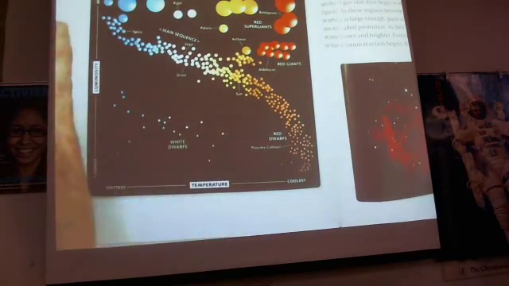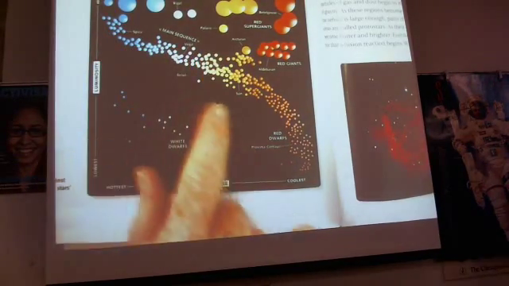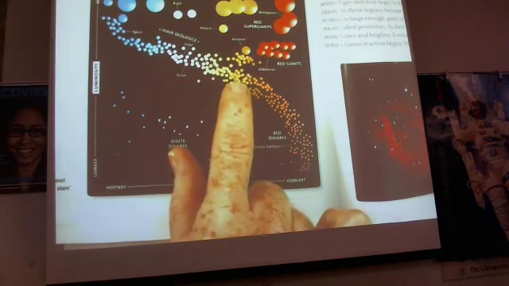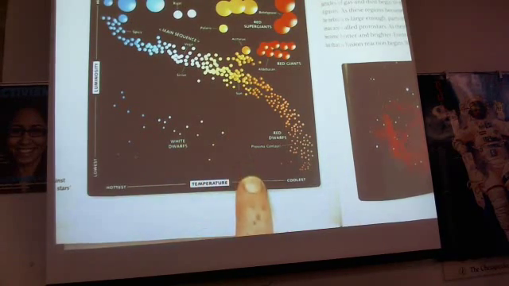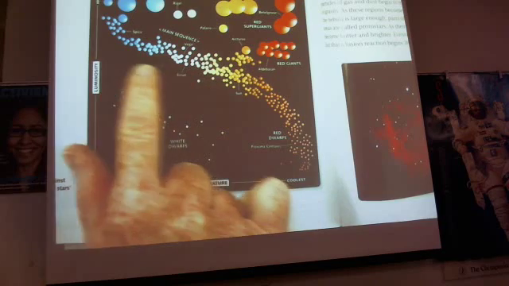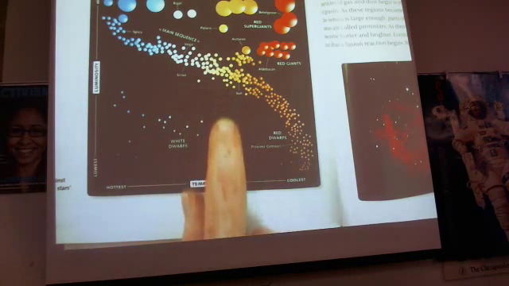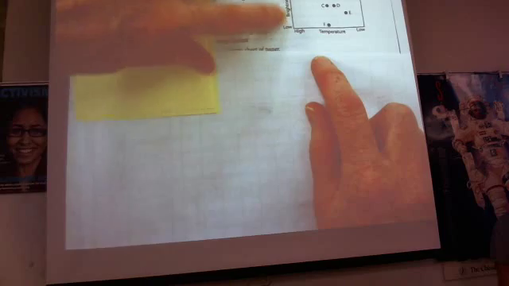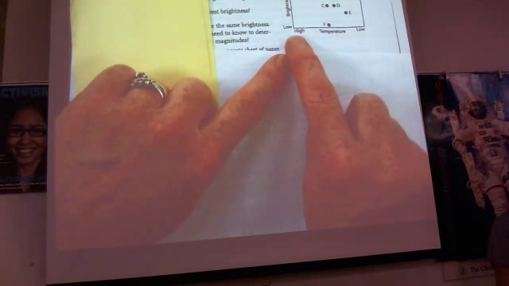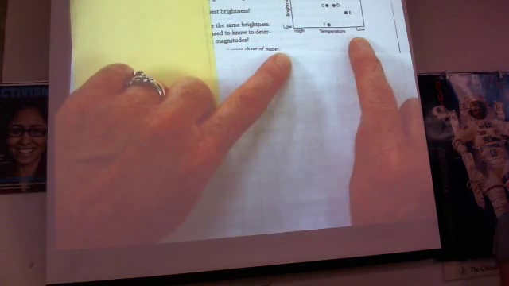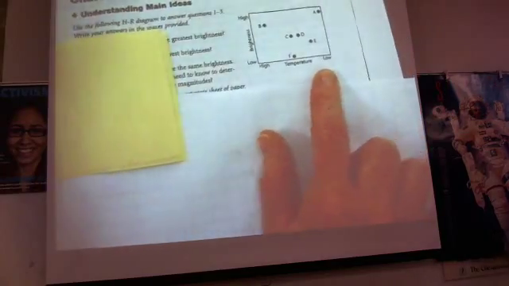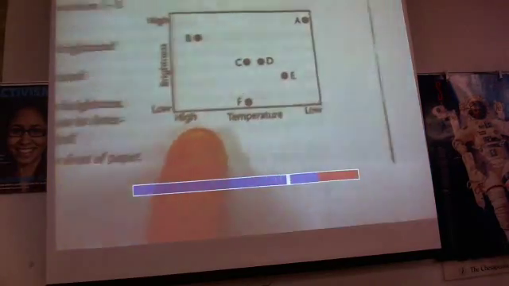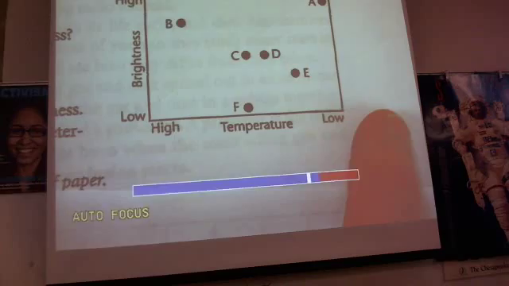Our sun is in here in the main sequence, so we're about right here when it comes to temperature and size, in the middle area. When you're reading this diagram, you want to align yourself with brightness or luminosity and temperature. A lot of times on graphs, you go from low to high, 0 to 100 or 0 to 1,000.